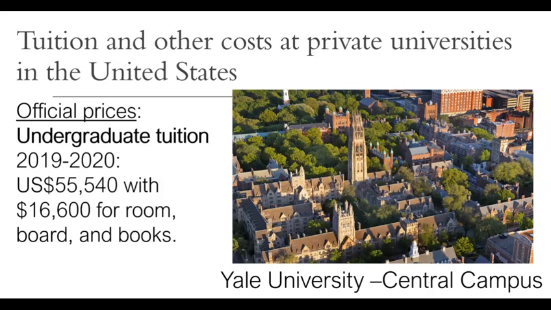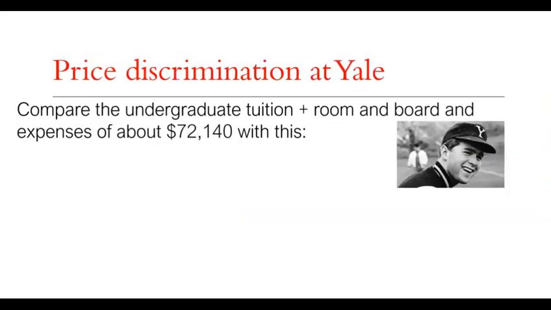Well, is that actually what all students are going to pay? And the answer is no, because in effect discounts can be offered to individual students so that potentially at least everyone pays a different price. So how does this price discrimination take place?